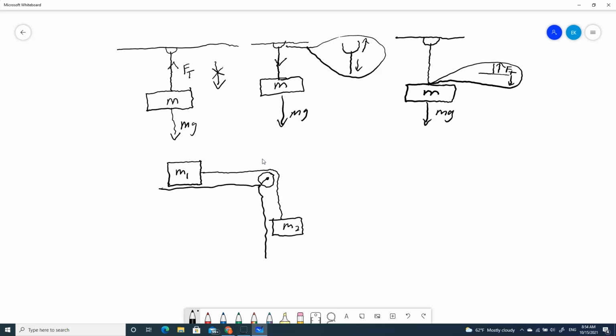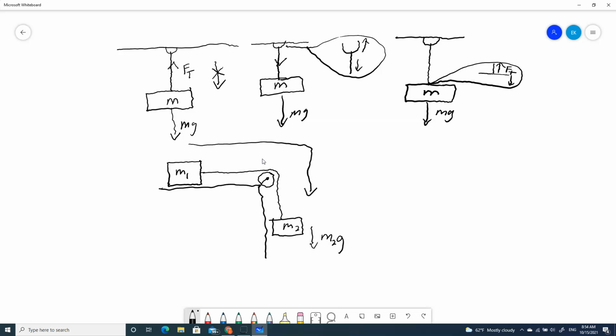So what tension is, it's the force that the rope applies to resist something. So let's say, since M2 is exerting a force downwards, m2g, this system is going to move downwards, entirely downwards.